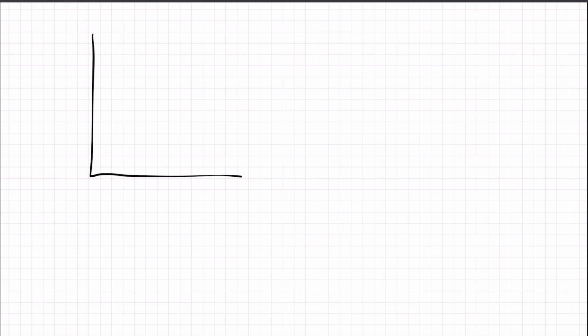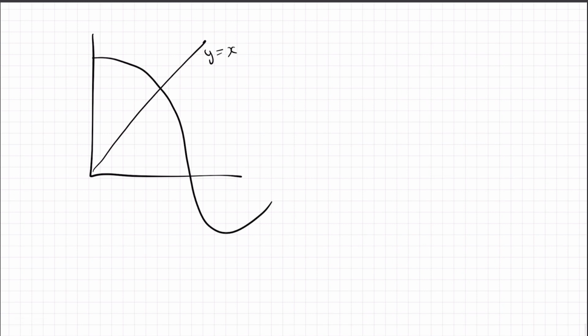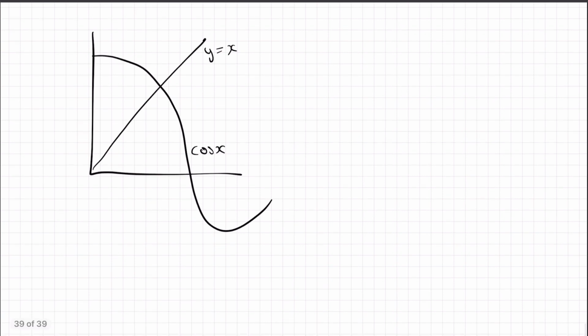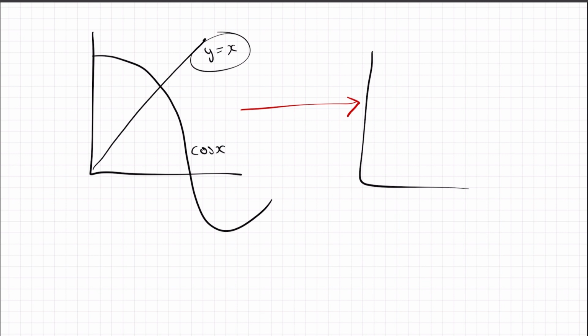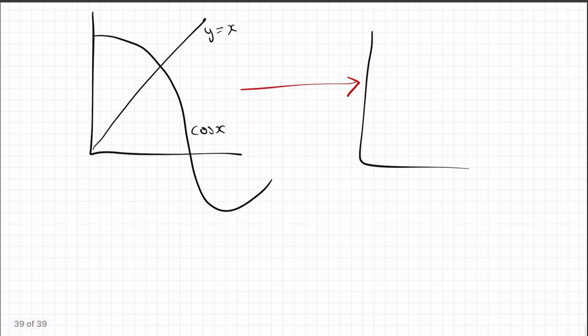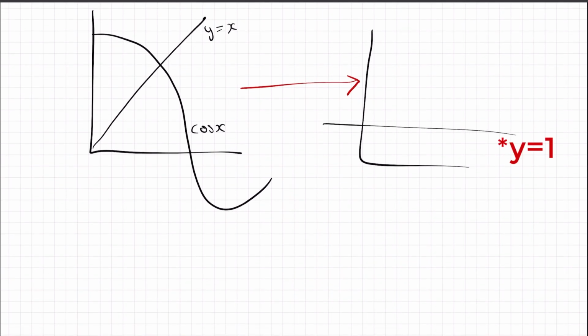If we had the function y equals x and cosine of x, like we said before, the derivative function on both sides is going to transform these into completely different functions. When we take the derivative of y equals x, that's just going to give us 1, like so. And when we take the derivative of cosine x, we're going to get negative sine x.